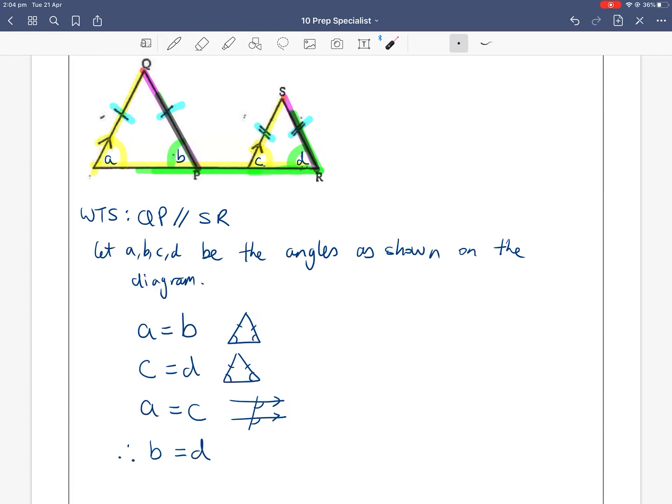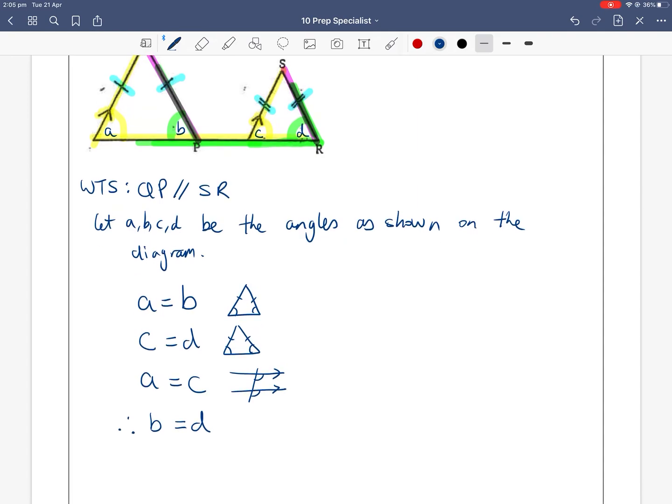And the corresponding rule holds because we can see that these two angles, B and D, are exactly the same. So since B equals D, then therefore QP is parallel to SR, because working backwards from the F rule, the corresponding rule. So we have achieved our goal, which is to prove QP is parallel to SR.